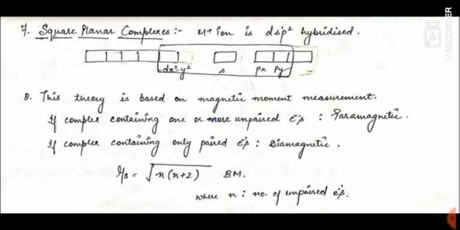If I take sp3, the geometry is tetrahedral. If I take dsp2, the geometry is square planar.